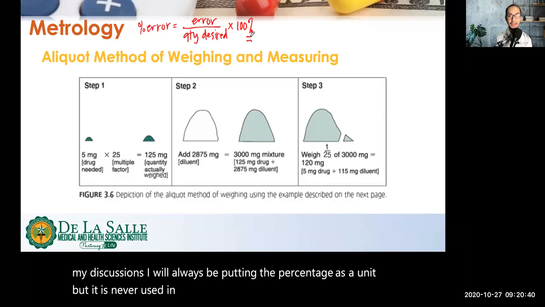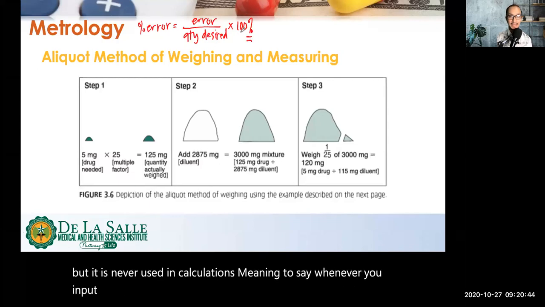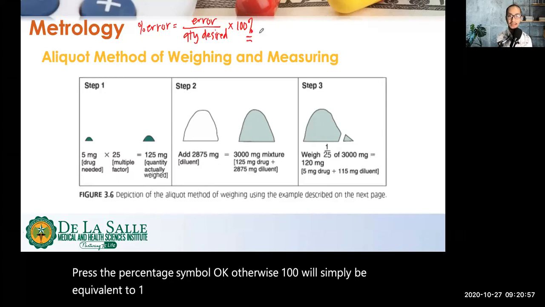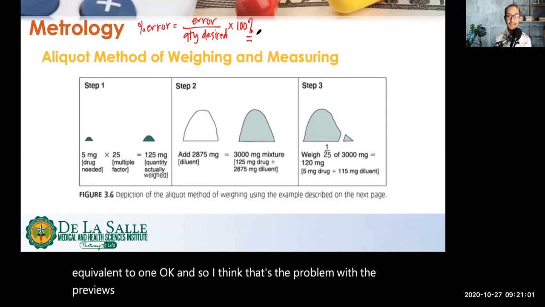Meaning to say, whenever you input the value 100 in the calculator, do not press the percentage symbol, otherwise 100% will simply be equivalent to 1. I think that's the problem with the previous batches, which I just very recently noticed, whenever they computed percentage values.